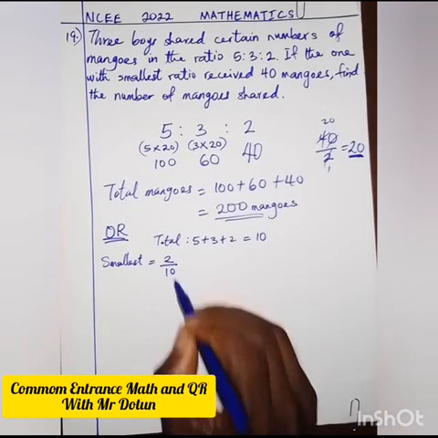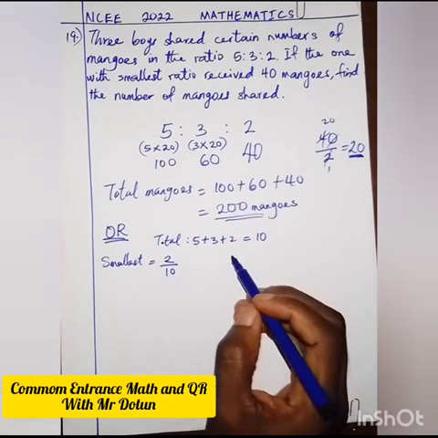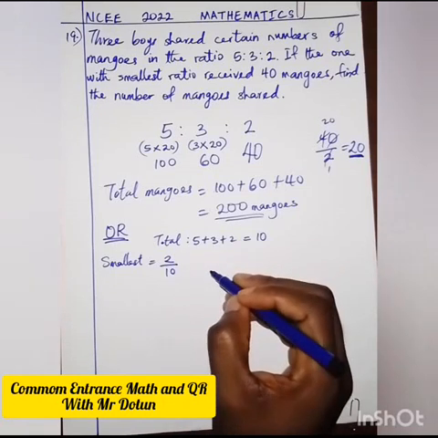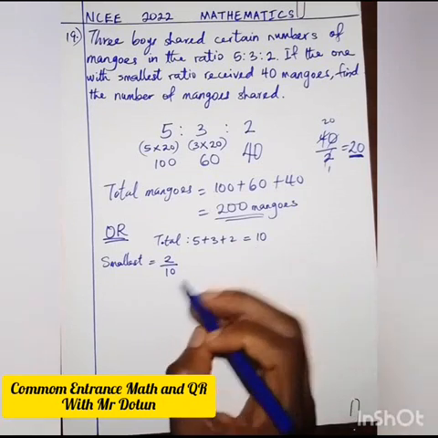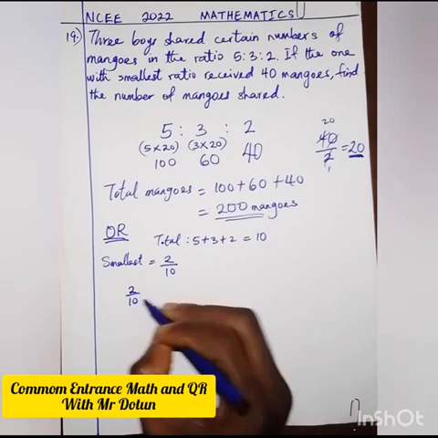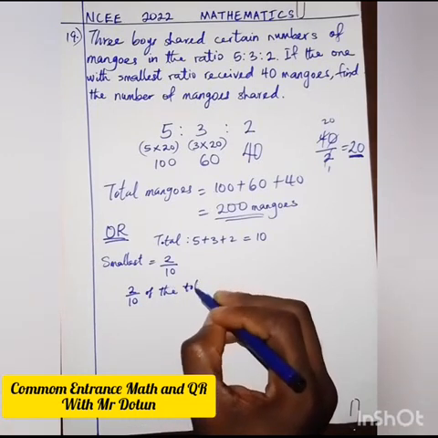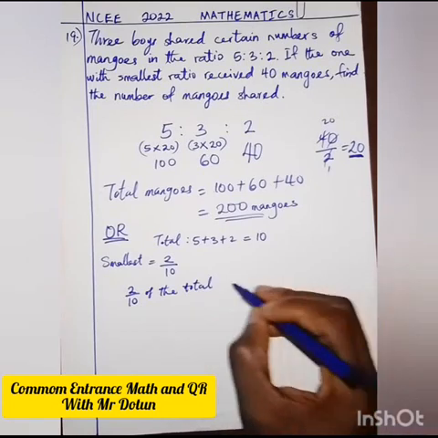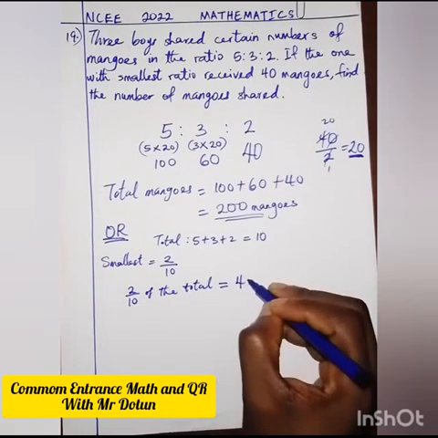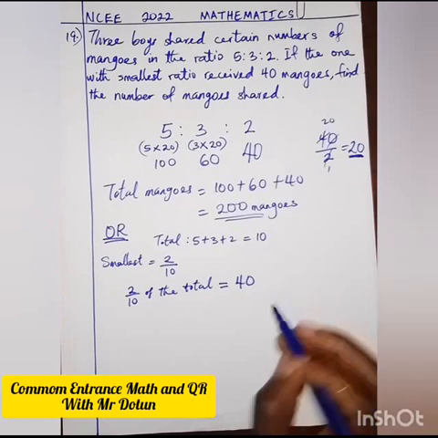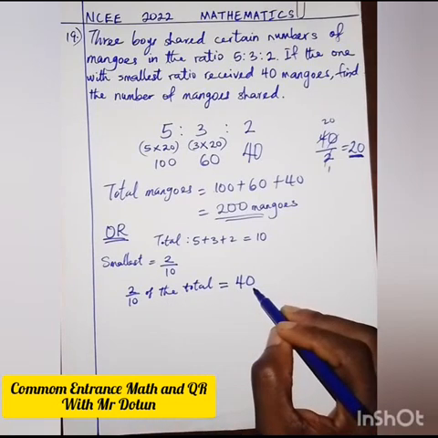This is the fraction of the total that the smallest got. We know the quantity of the smallest is 40. So 2 over 10 of the total number of mangoes is equal to 40.